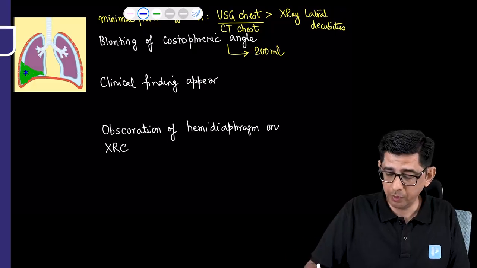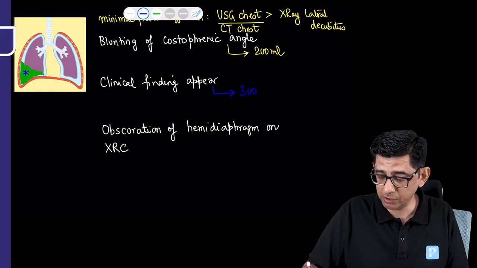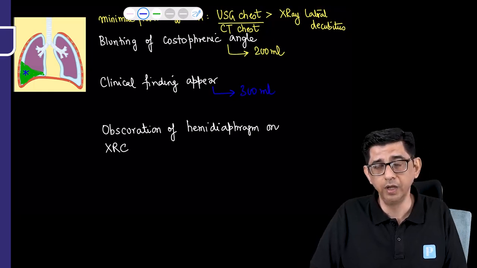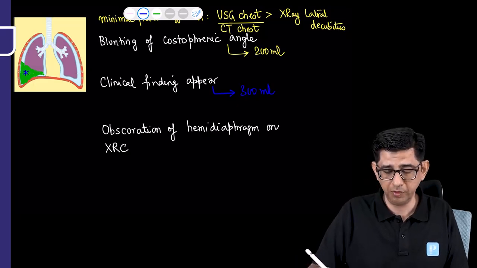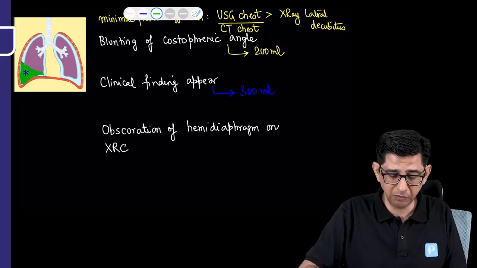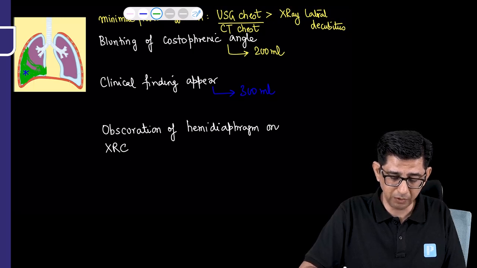So the point to be remembered is, when do clinical features appear? Clinical features appear when there are approximately 300 ml of fluid in the pleural space, and then the obscuration of the complete hemidiaphragm. I mean, this fluid is bound to increase, and if I'm just going to try and draw an X-ray which was identical to the one that was initially shown to you, let me just make that Ellis curve with that beautiful S shape that I was talking about.